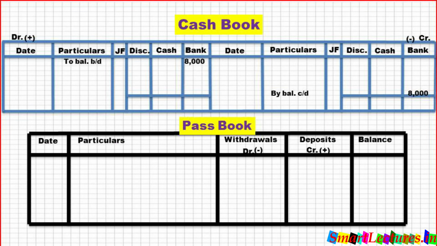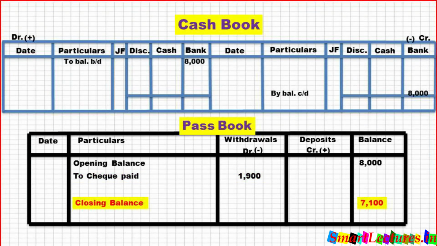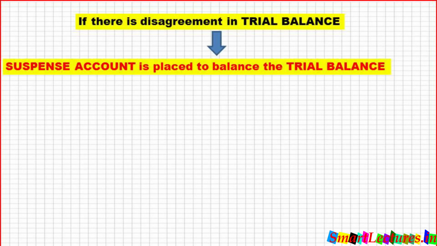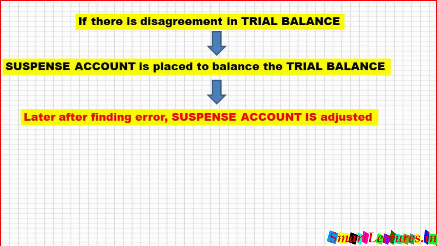But the passbook shows opening balance 8000, to check paid 1900 on the minus side, meaning debit side, and the closing balance is plus 7100. So the difference is that the check was omitted from the cash book. If the accountant makes this type of error, the trial balance will disagree. Generally, if there is any disagreement in the trial balance, a suspense account is placed to balance it, and later when they find the error, the suspense account can be adjusted.